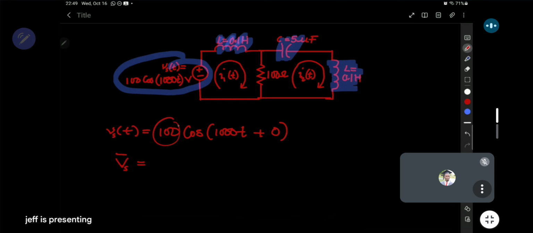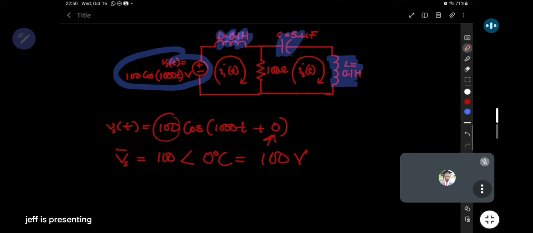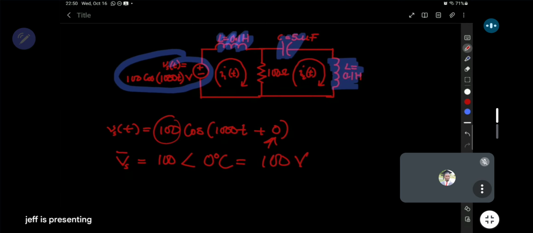It will store the peak voltage there, which is going to be 100 volts, and the phase angle, which comes this side. In this case, the phase angle is 0 degrees. Basically, this is just 100 volts as the supplied voltage, I mean.